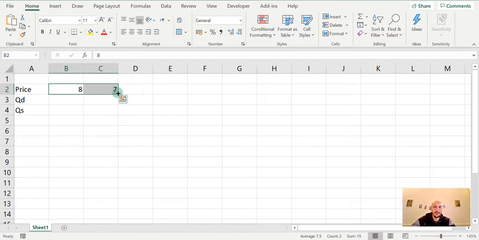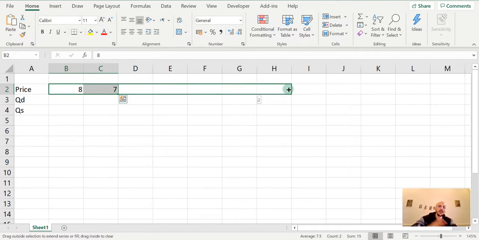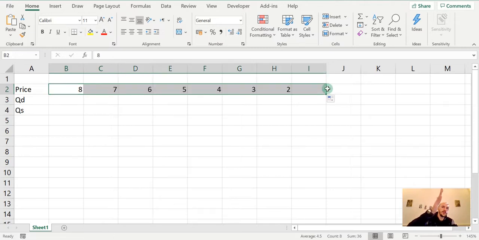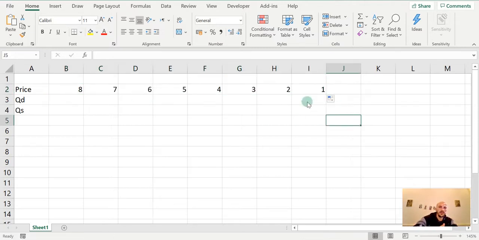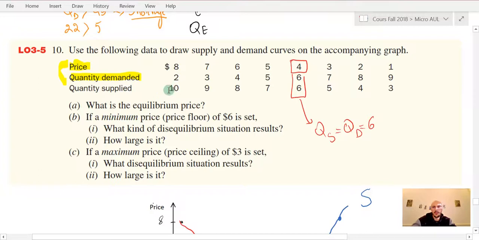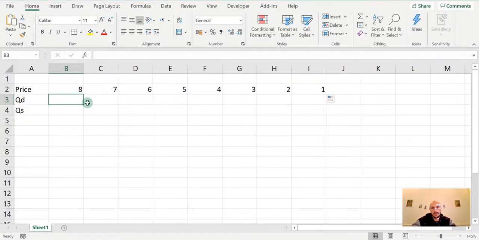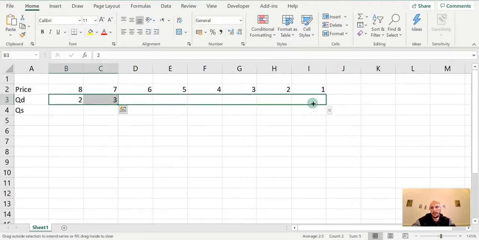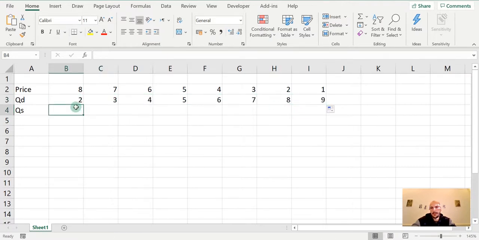You will see that the mouse will change from white to black, and then you can drag it. You will see that it will be copying using the same step: 8, 7, 6, 5, etc. till 1. So I've got my numbers 8 to 1. Now I will have the following: 1, 2, 3, 4, 5, 6, 7, 8, 9.